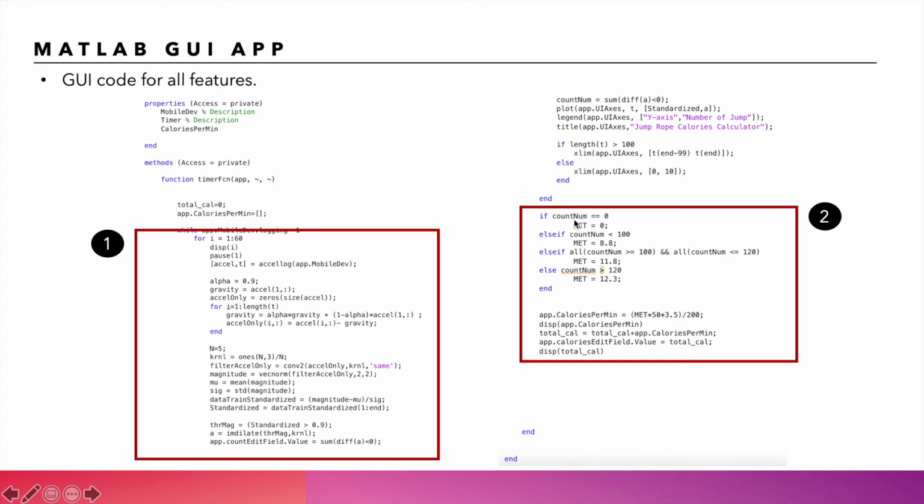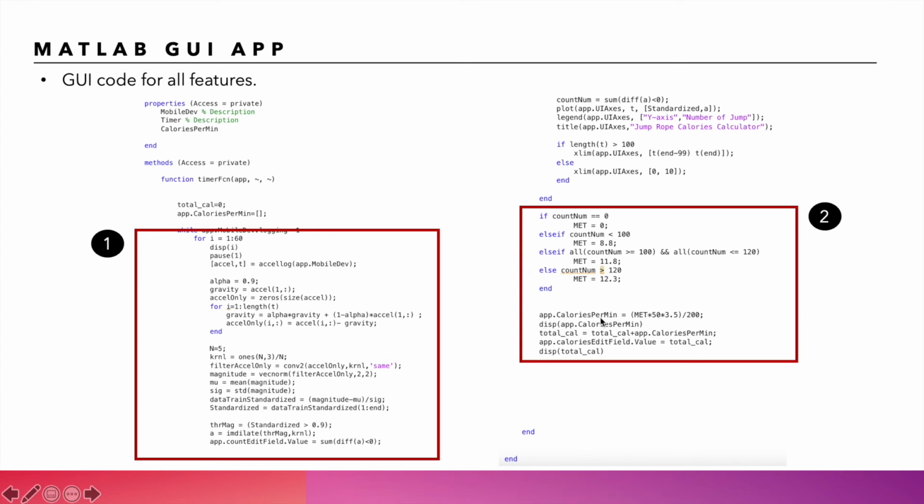If it is equal to 0, that means your calories are 0 too. If your count number is less than 100, MET equals 8.8. If it's 100 to 120, MET equals 11.8. If it's greater than that, MET equals 12.8.